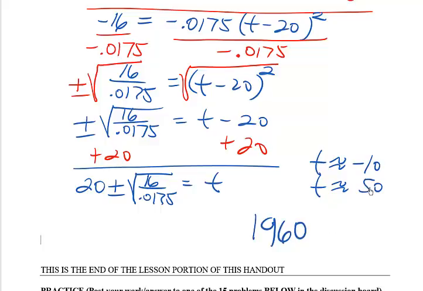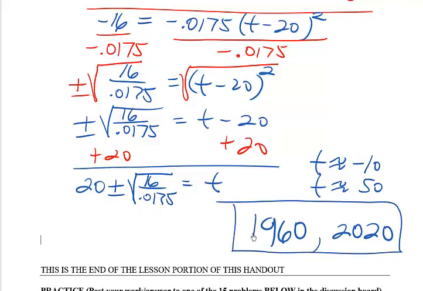And 50 would mean 50 years after 1970. That would be the year 2020. So we're saying if this pattern held, we would expect that back in 1960 and in the future year 2020, 20% of Americans would say they are very happy.